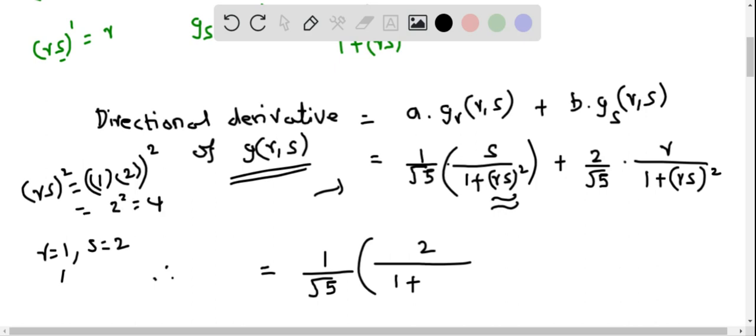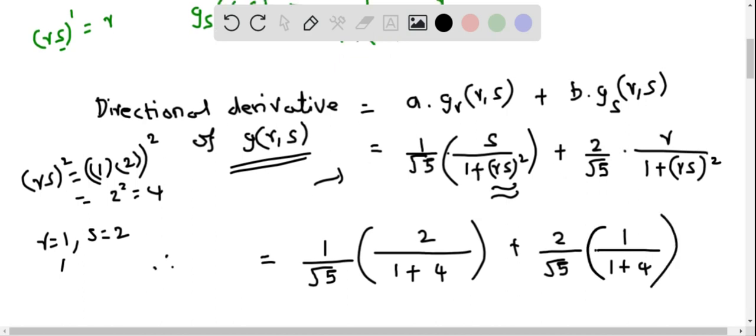So plus 2 over root 5 times 1 divided by 1 plus 4.